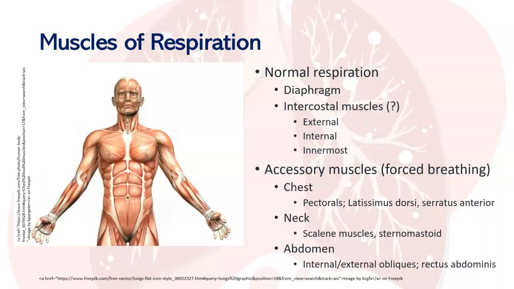During expiration, the muscles relax and the lung achieves its resting volume, which is the volume at the end of a normal expiration. So inspiration is active, expiration is passive.